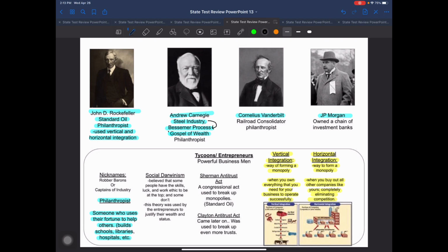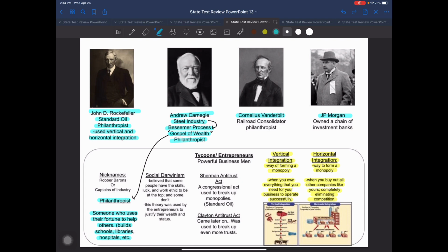And the Gospel of Wealth is where he talked about how you should not make a ton of money and keep it, that you should use a lot of your money to create better opportunities for others, to help the less fortunate. So yet again, he's the one that really pushes for philanthropy.